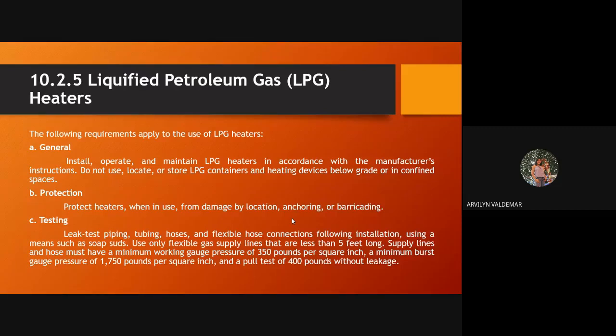Use only flexible gas supply lines that are less than 5 feet long. Supply lines and hoses have a minimum working gauge pressure of 300 pounds per square inch, a minimum burst gauge pressure of 1,750 pounds per square inch, and a pull test of 400 pounds without leakage.